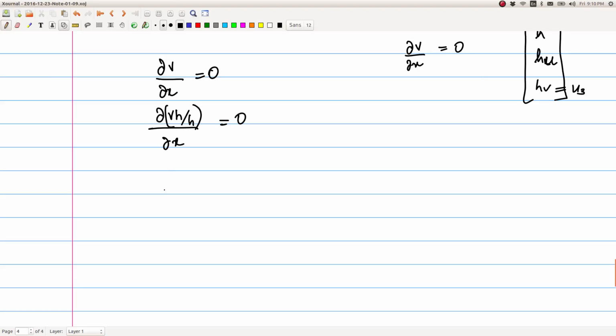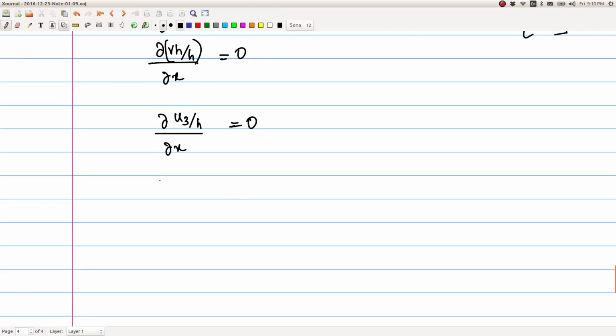So in other words, del u3 by del x is equal to 0, and what does this imply? If you take the derivative with respect to x here, then you will have h times del u3 by del x minus u3 times del h by del x, divided by h squared, is equal to 0.